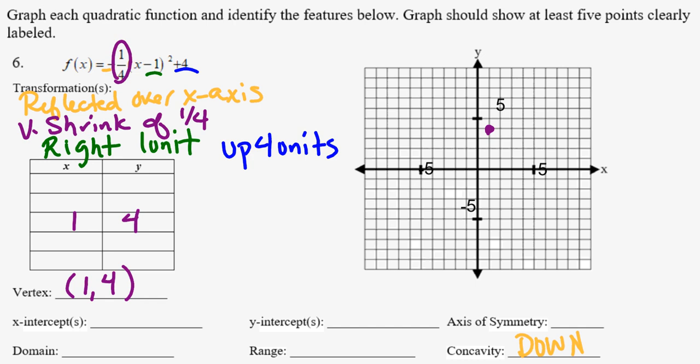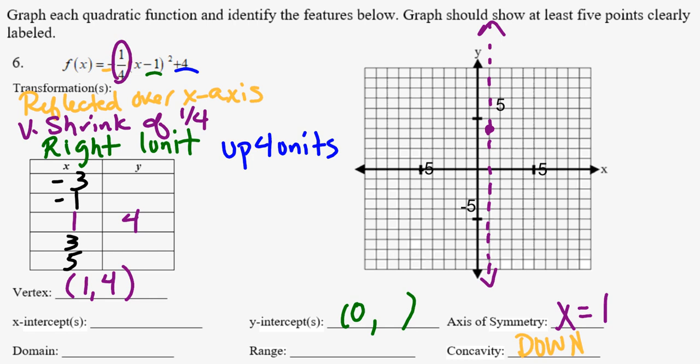Because I have the vertex, remember you could draw in your axis of symmetry, the mirror, and that happens when x is equal to 1. We are going to build around that in our table. So we want to pick values to the left of 1 and to the right of 1, and substitute those values into our function, our equation.